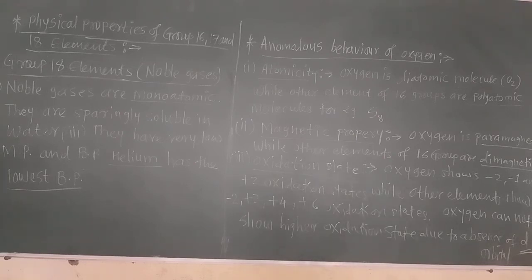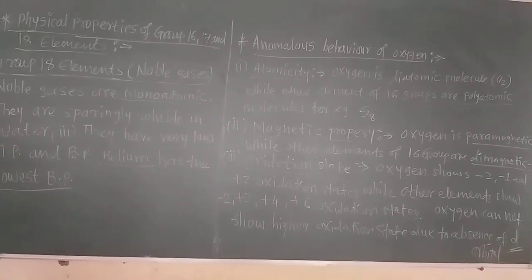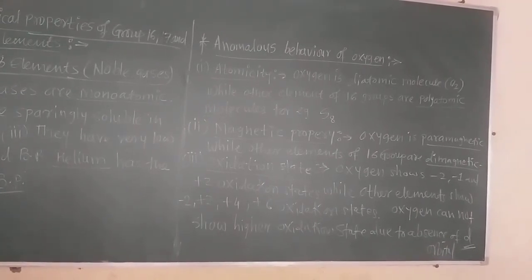Now let us see the anomalous behavior of oxygen, which is a group 16 element. It has totally anomalous behavior. Anomalous means abnormal, different from its family members. Now in group 16, which are the elements?